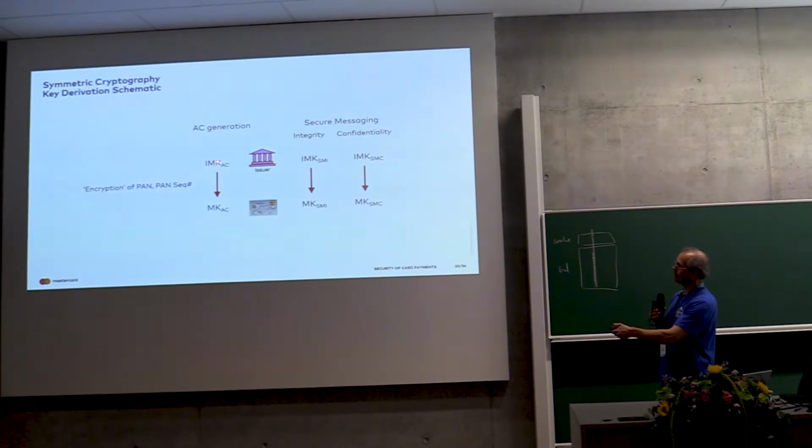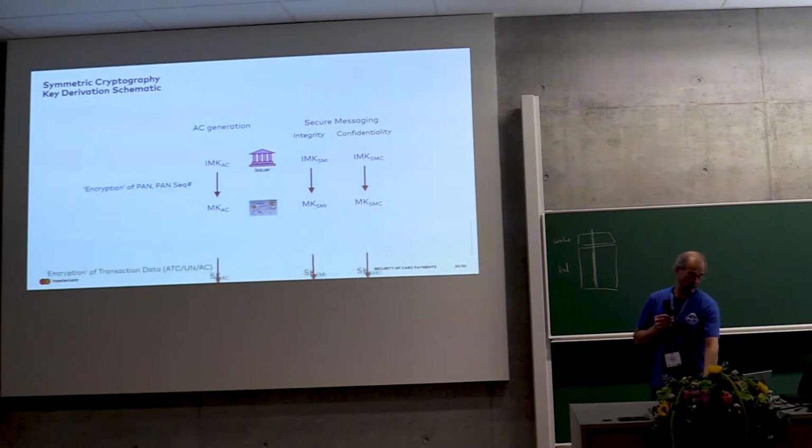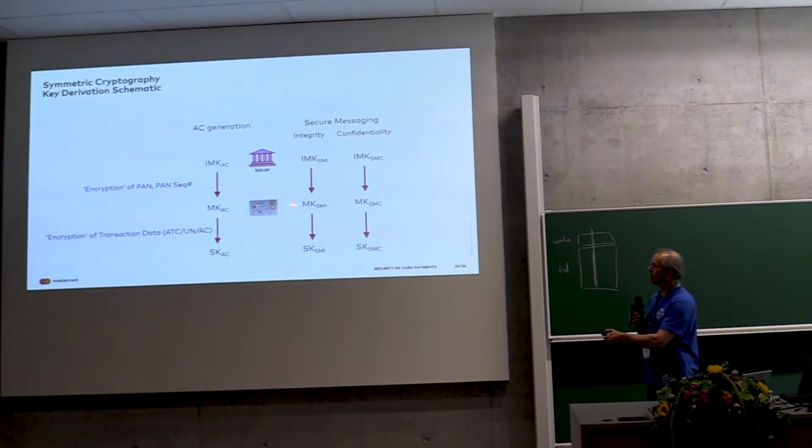But what happens is that this issuer master key is used to derive a card master key, which is then personalized into the card before it's issued to the cardholder. And then during a transaction, the card uses its master key to derive a session key, and it's a session key that is used for generating the MACs that is verified by the issuer.